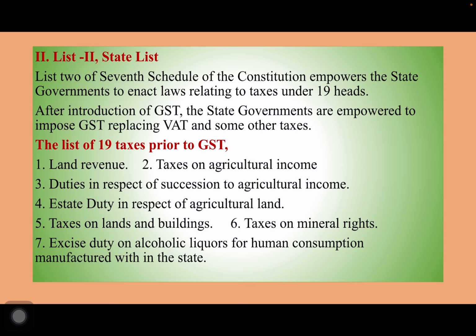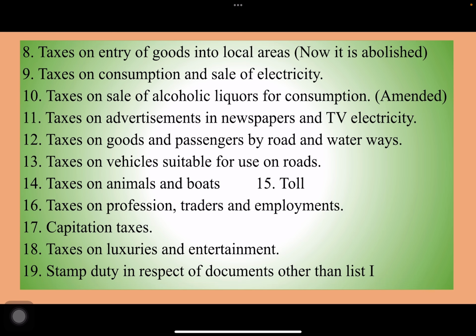Estate duty in respect of agricultural land, taxes on land and buildings, tax on mineral rights, excise duty on alcohol, liquor manufactured within the state, taxes on entry of goods into the local areas, now it is not there, taxes on consumption, sale of electricity, tax on sale of alcoholic liquors for consumption, this is again amended, taxes on advertisements in newspapers and TV and electronic media, taxes on goods and passengers by roads, waterways, taxes on vehicles suitable for use on roads, taxes on animals and boats, toll rates that we pay on roads, taxes on profession, traders, employments, usually we call this professional tax.